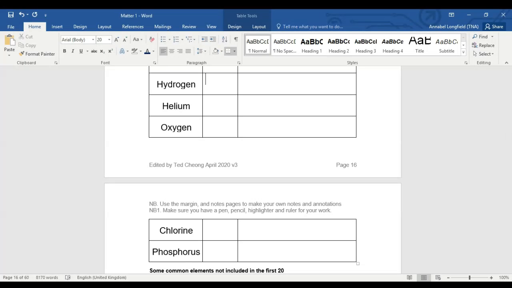Okay, so for hydrogen, you should have the symbol as capital H, and it is a colourless, odourless gas.